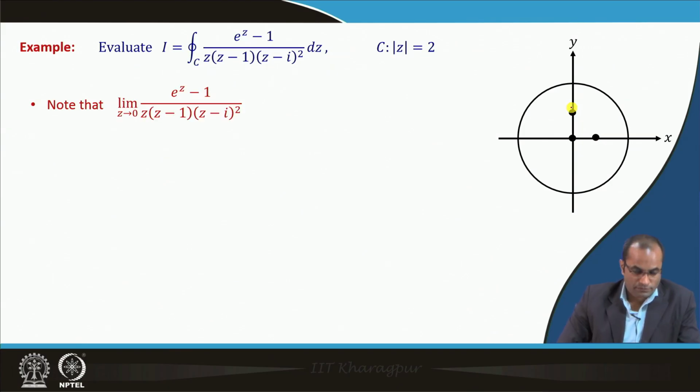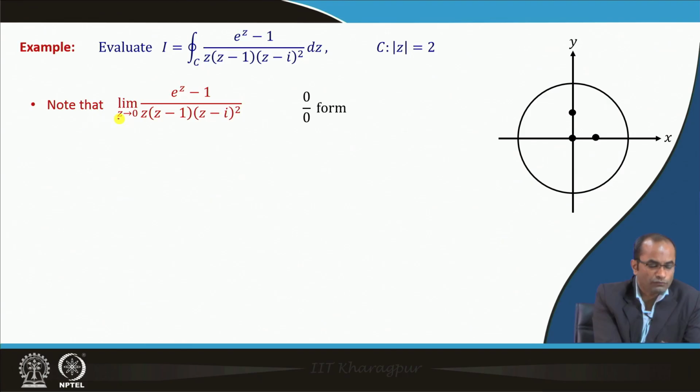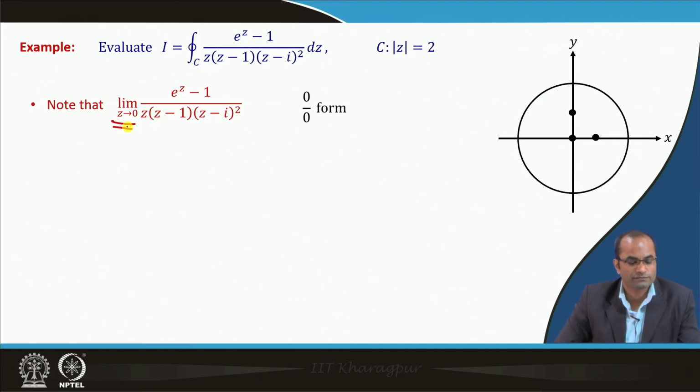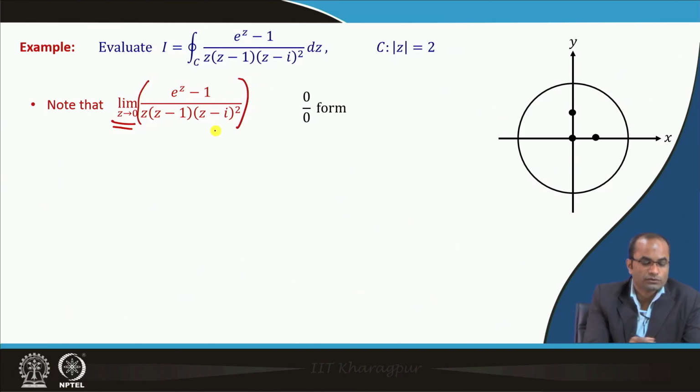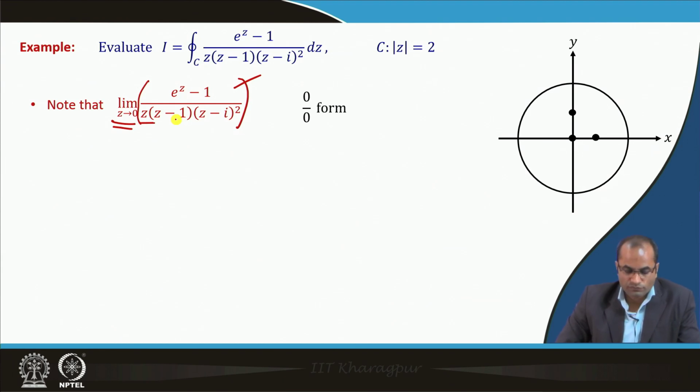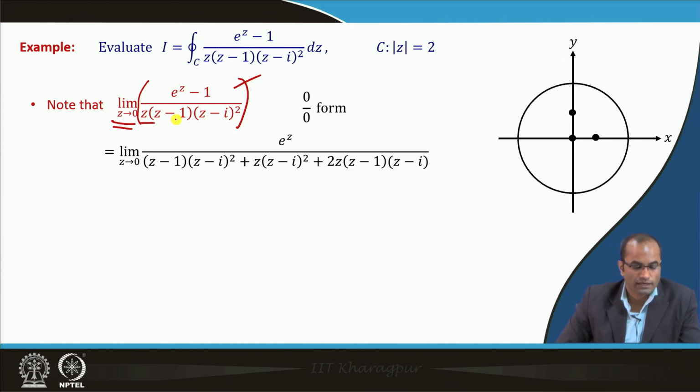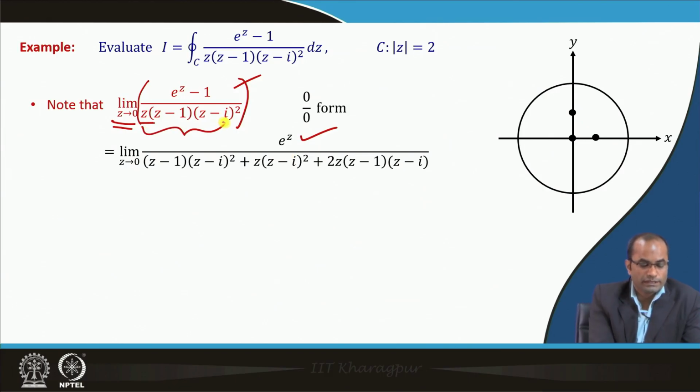Now, for the first one, z equal to 0, we are trying to classify. We first take the limit as z goes to 0 of the integrand. This has 0 by 0 form, because e to the power 0 minus 1 is 0, and in the denominator we also have 0. So, for 0 by 0 form we can use the L'Hopital rule. The numerator, when we differentiate, gives e to the power z, and for the denominator the product rule has to be applied.